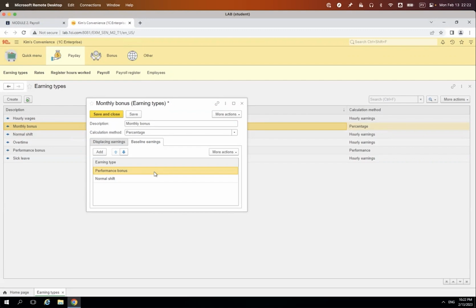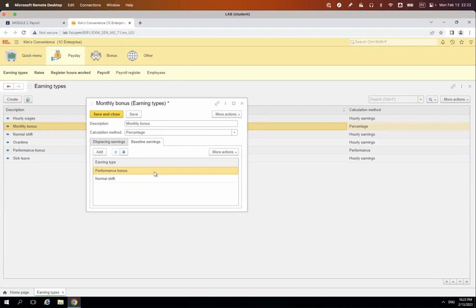And the reason why we set this up is because once Enterprise provides you with the metadata classes that allows to do these kind of things more or less automatically, or at least helps you to deal with this kind of relationship between different earning types.